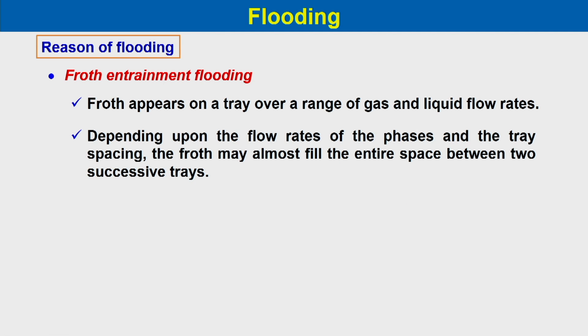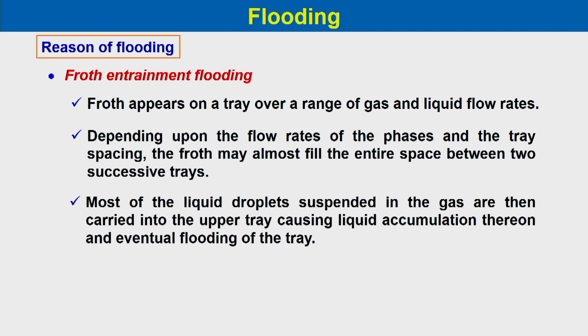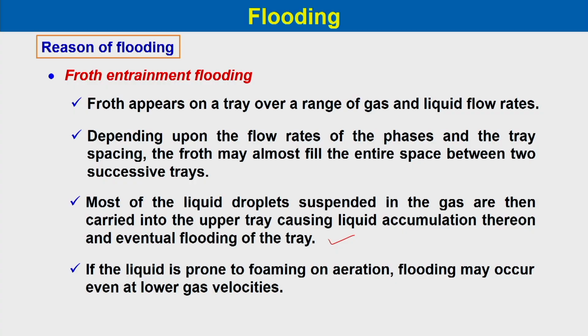If there is a blockage due to froth formation, most of the liquid droplets suspended in the gas are carried into the upper tray, causing liquid accumulation thereon and eventual flooding of the tray. So, excessive froth entrainment can also cause flooding of the column. If the liquid is prone to foaming or aeration, flooding may occur even at very low gas velocity.